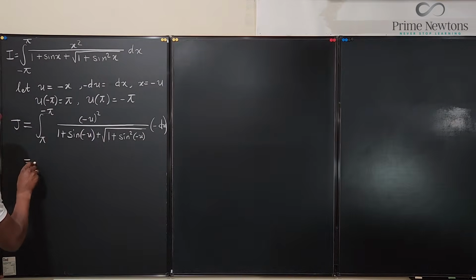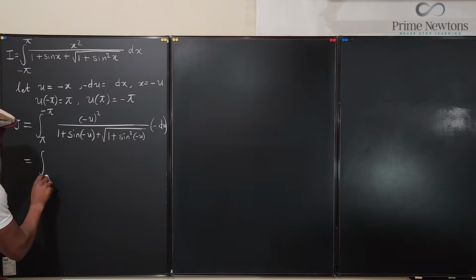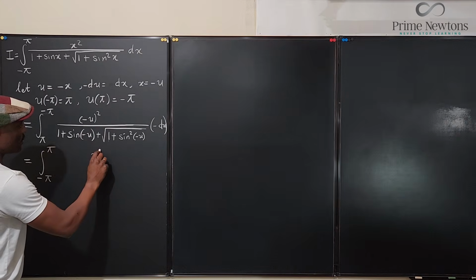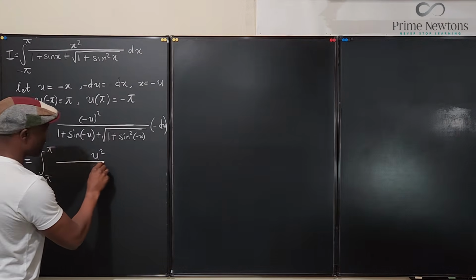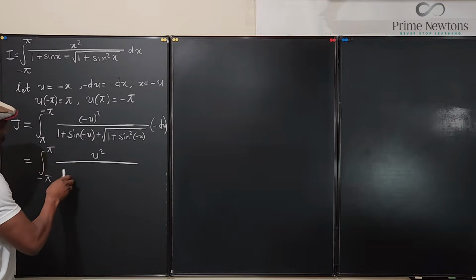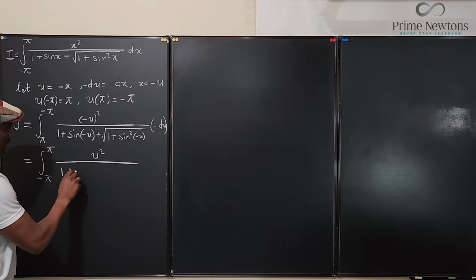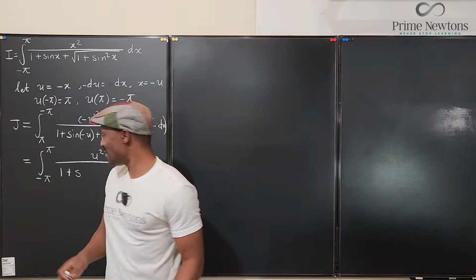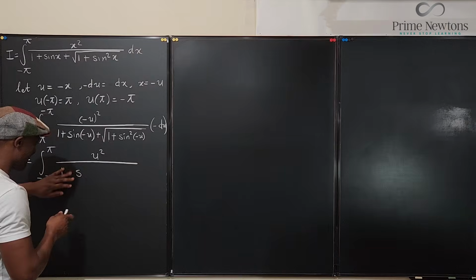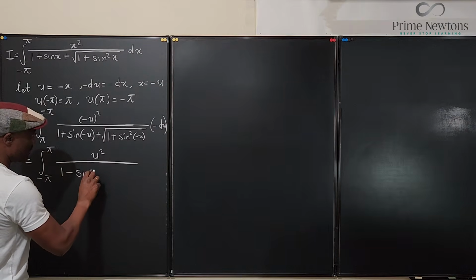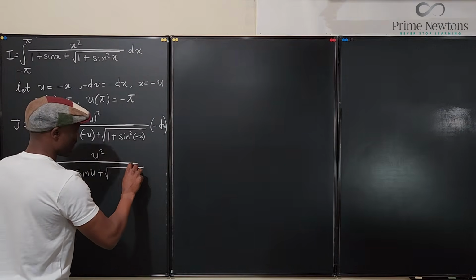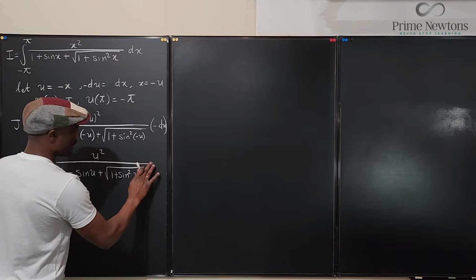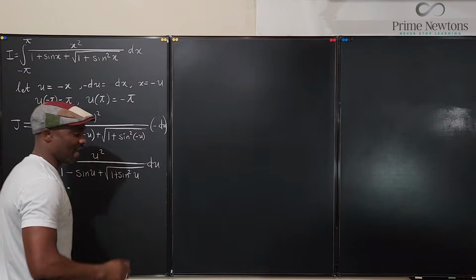So what you have is the integral from negative pi to pi of u squared over 1 plus, sine of negative u is negative sine u, so we have negative sine u plus the square root of 1 plus sine squared u. Then we have du.